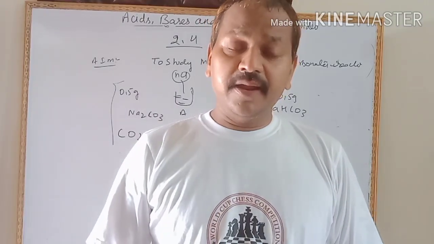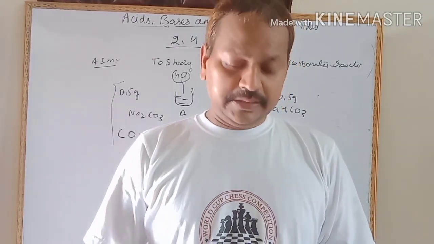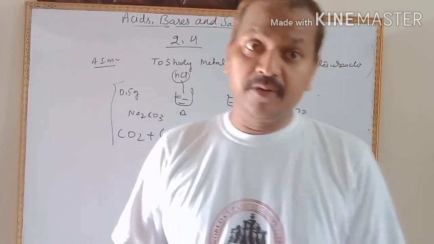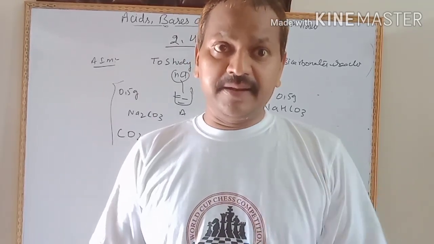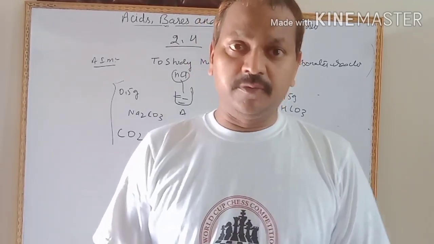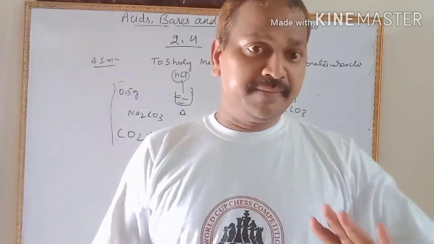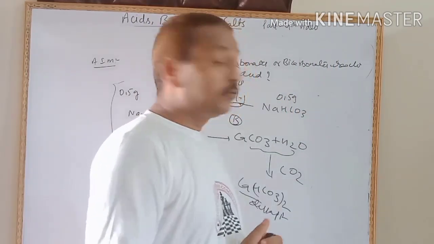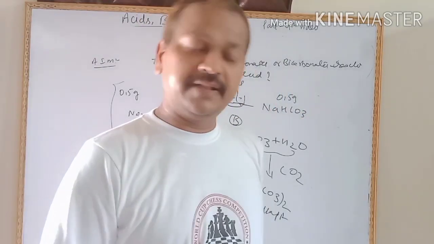So we have covered activities 2.2, 2.3, 2.4, 2.5. You can perform these activities in your school chemical laboratory also, so that you will remember them permanently. You can understand very well through the practical application of these reactions.